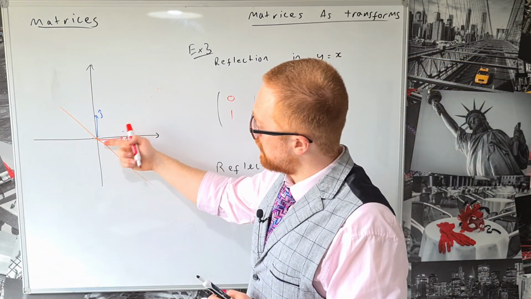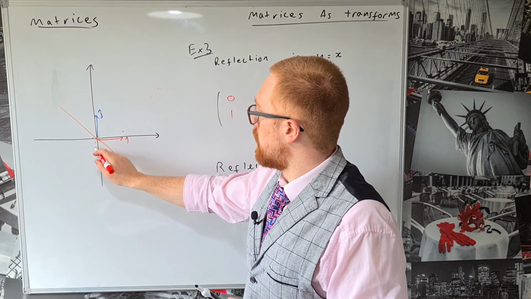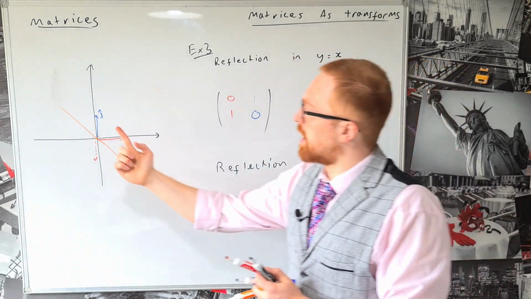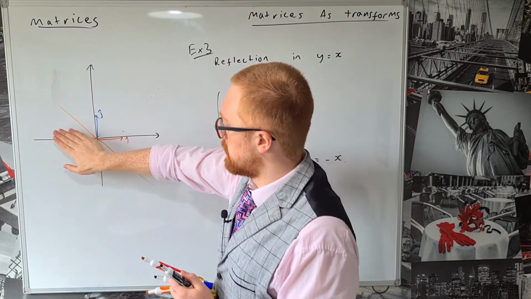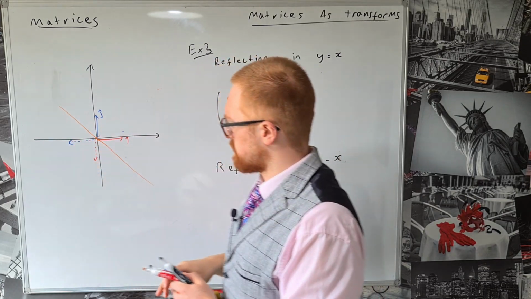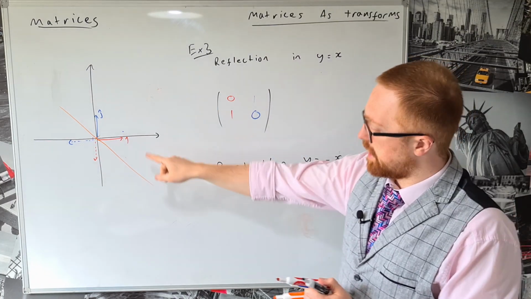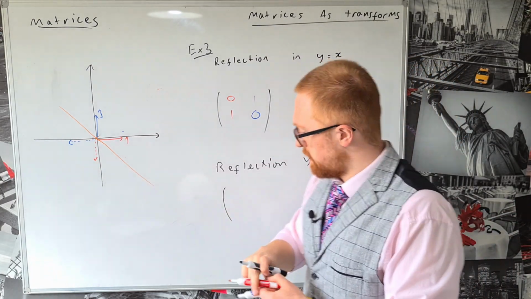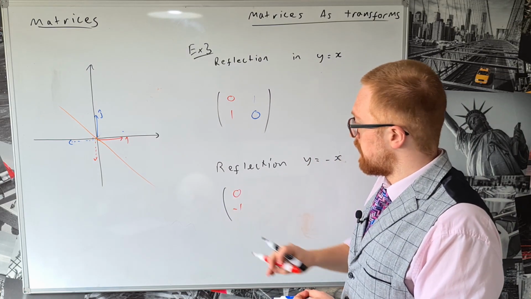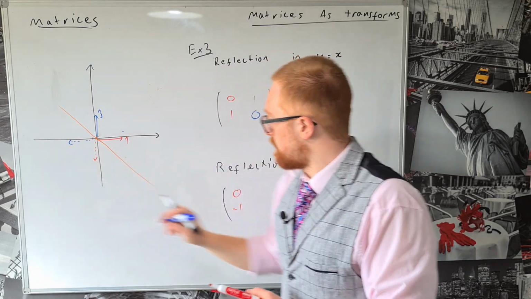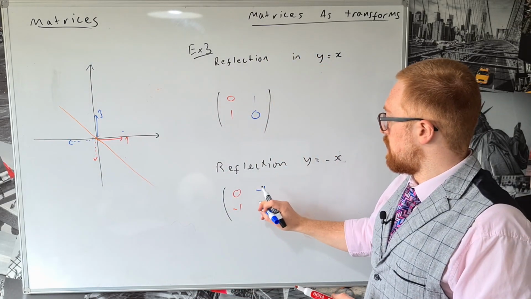Well, i hat is going to be reflected, now it's going down, and j hat is going to be reflected over here. So i hat ends up at 0 across but 1 down this time, and j hat ends up at 1 to the left and 0 down.